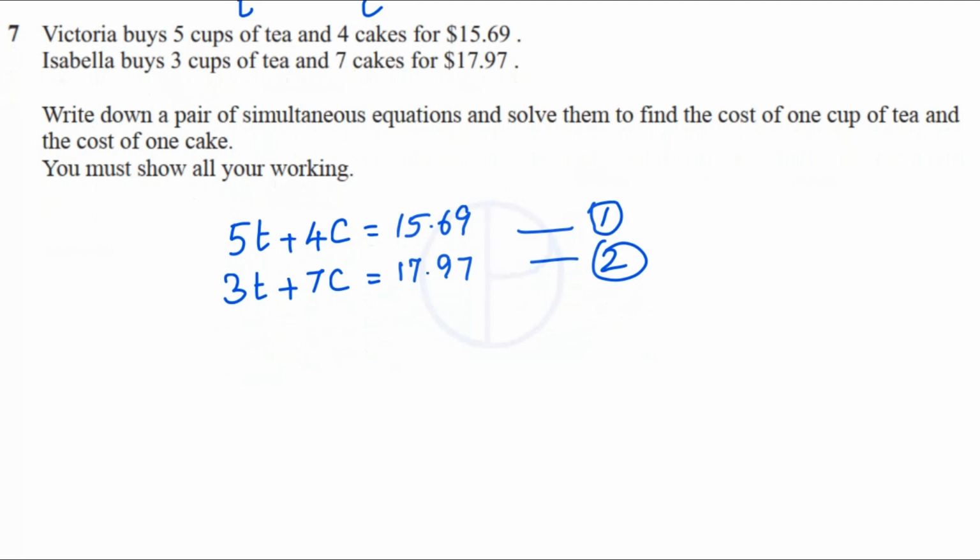To solve this, we will eliminate the term t. To eliminate t term, let's multiply the equation 1 by 3.